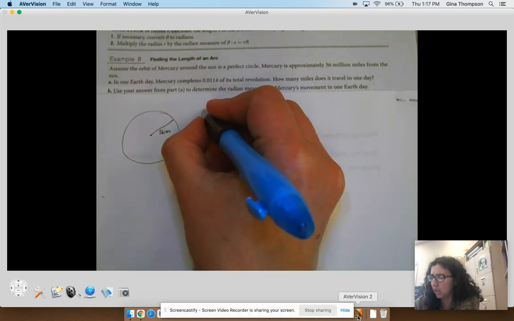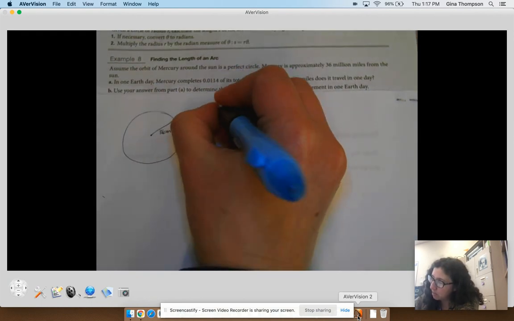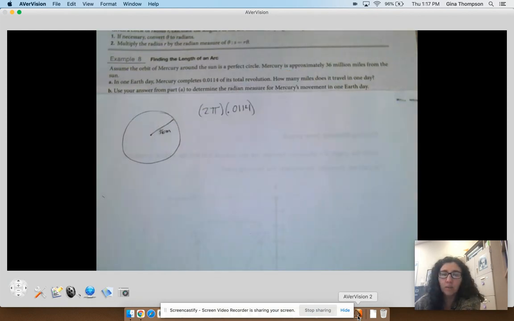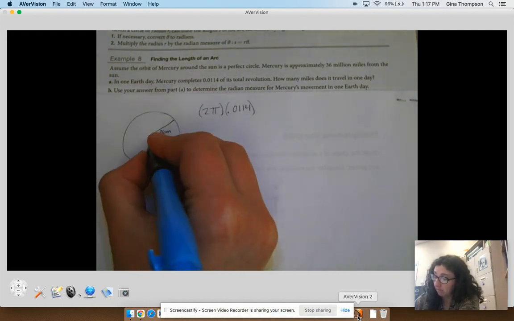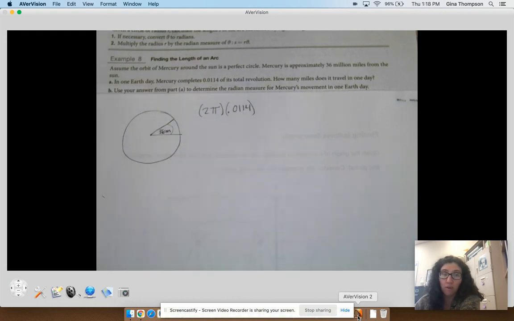Its total revolution is 2 pi, right? So it's completing 0.0114. That's what its angle is. This angle is 2 pi times that amount.